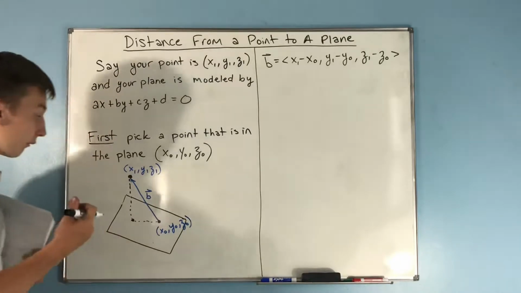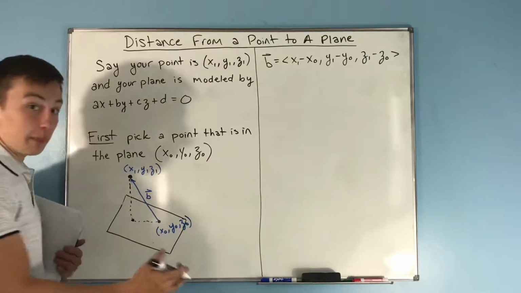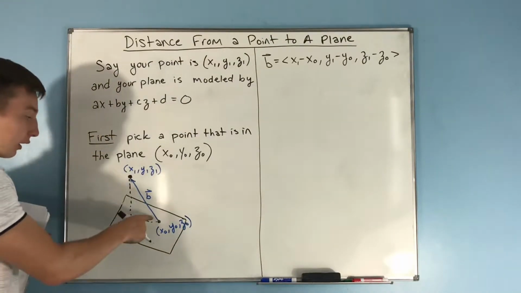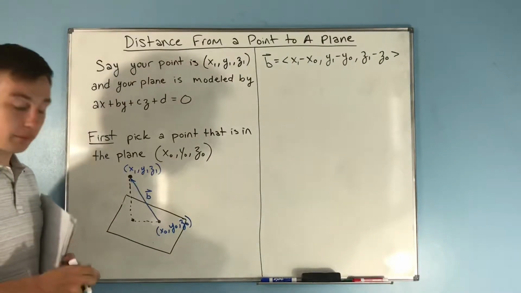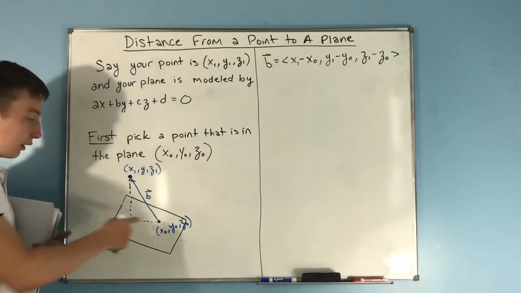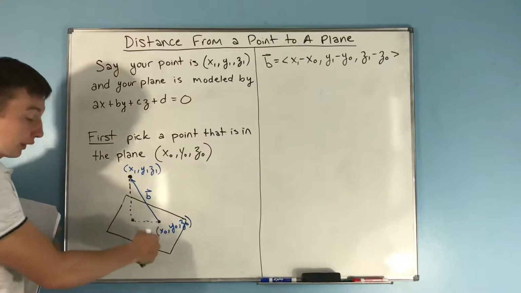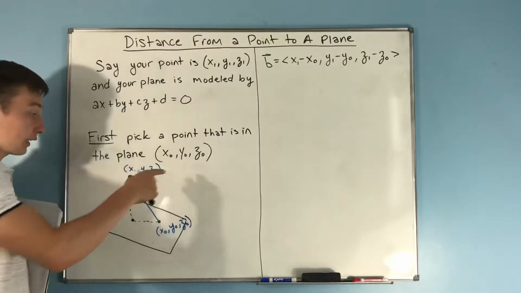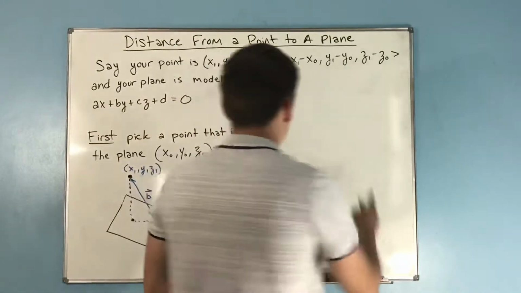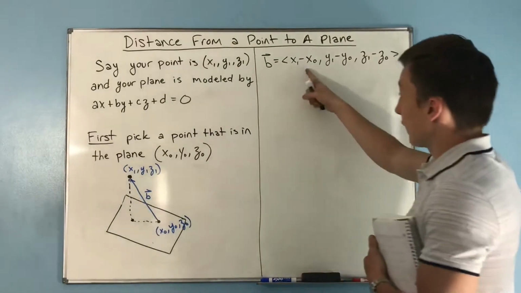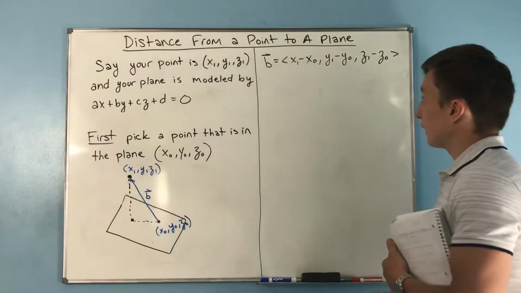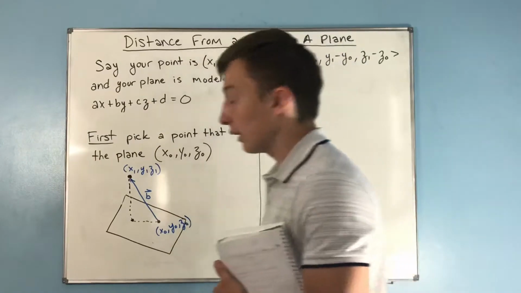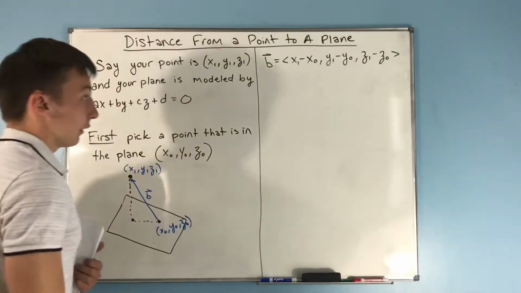And you can actually still do that because of this vector b. This vector b is literally just going to be the vector from x naught, y naught, z naught to x1, y1, z1.